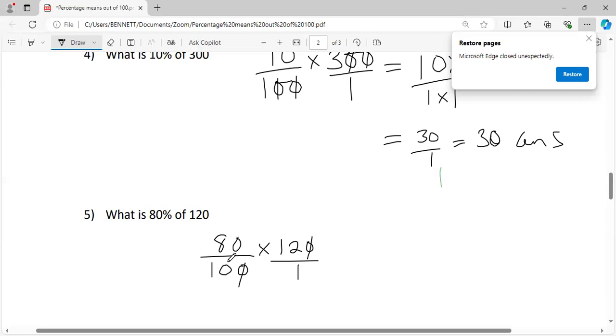Wouldn't that be 10, the biggest number that can go into both of them? Yes, sir. So what we can do now is divide 80 by 10. Remember, we can cancel this way and we can cancel this way. There's more than one way we can cancel. So 80 divided by 10 is 8, and 10 divided by 10 is 1. So now, to get our answer, it's going to be 8 times the 12.